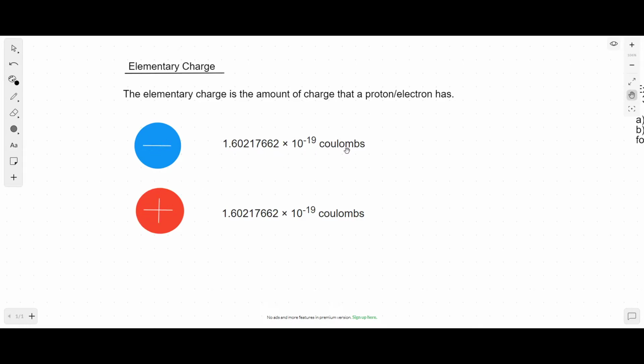But the value of charge is exactly the same for both of them: 1.6 times 10 to the negative 19 coulombs for both of them. What's different though is that for electrons, this charge is negative, and for protons, this charge is positive. So same value, just different signs. That's called the elementary charge.